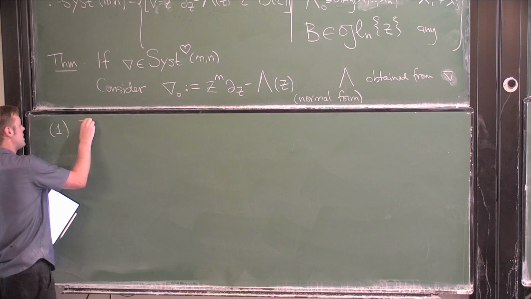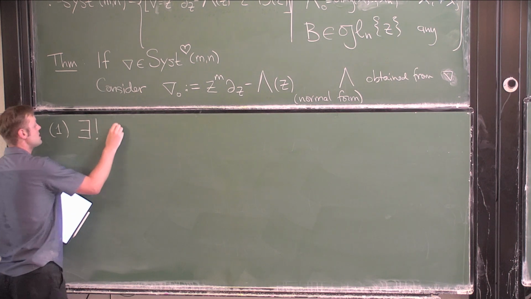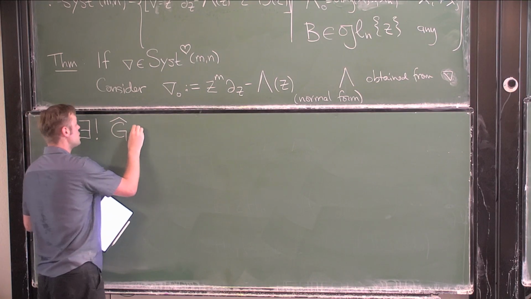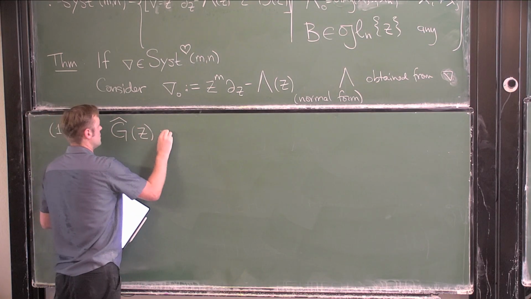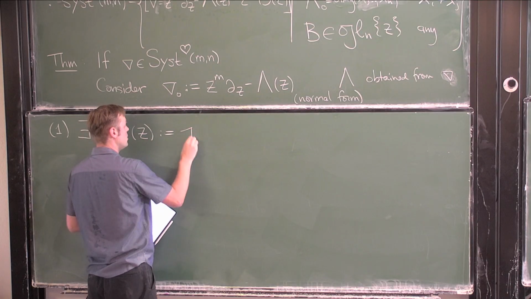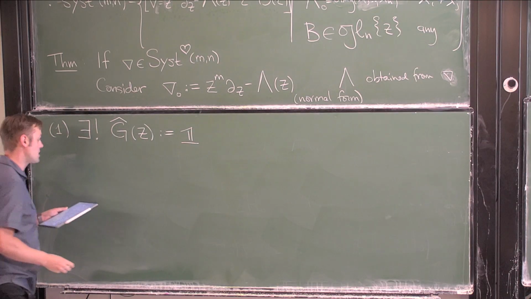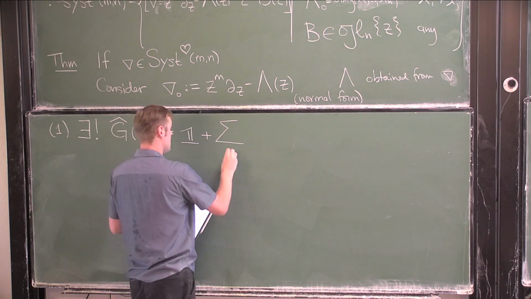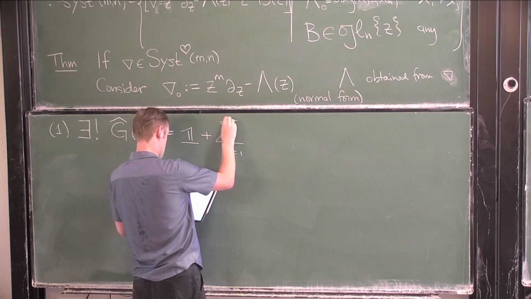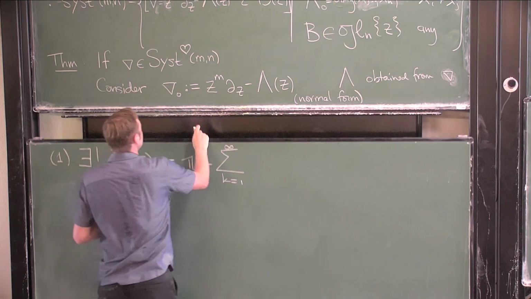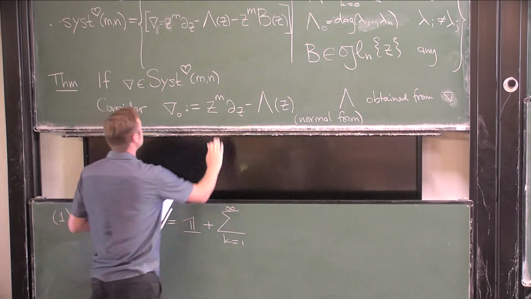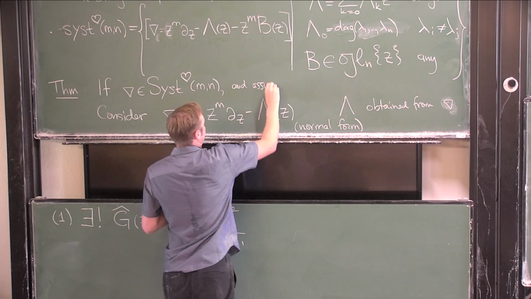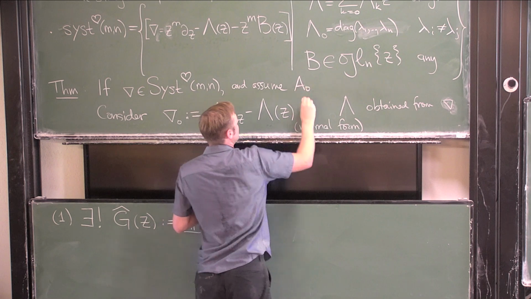The first part says that indeed there exists a unique G, which I'll call G hat. This is a power series which starts with the identity matrix. Actually, sorry, let me make an additional assumption so that this statement is neater: assume the leading part is already diagonal.